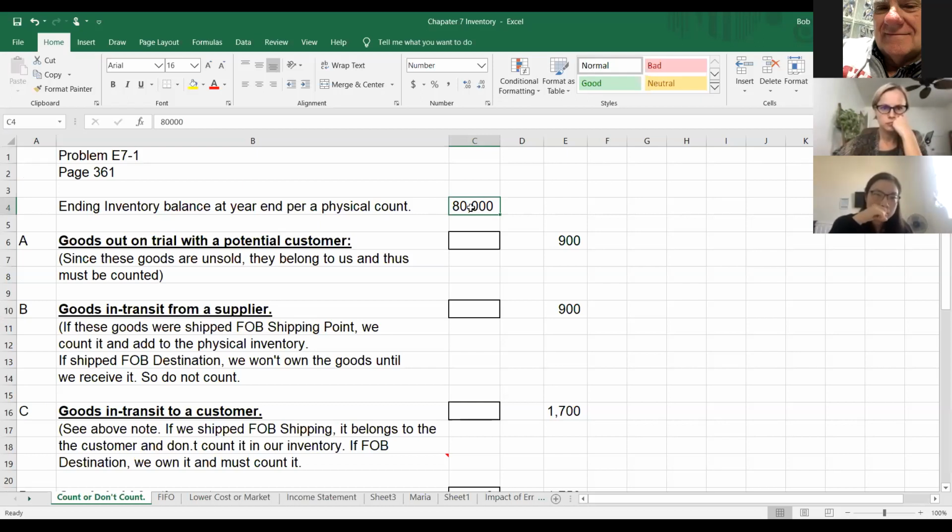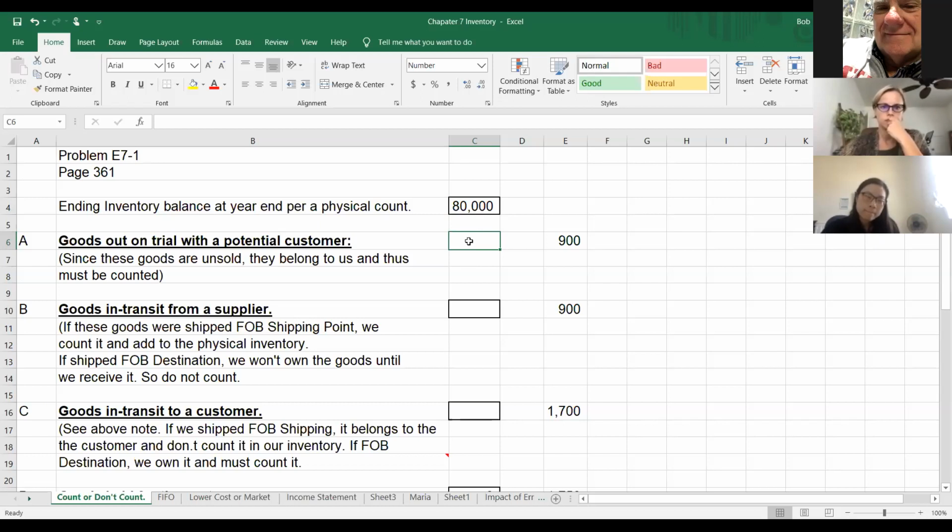And let's just get a little glimpse of this. We'll go through this fairly lightly, and I'll check with Cornelia, okay? We send goods out to a customer on a trial basis, okay? We have a machine or something, and we sent it to a potential customer.